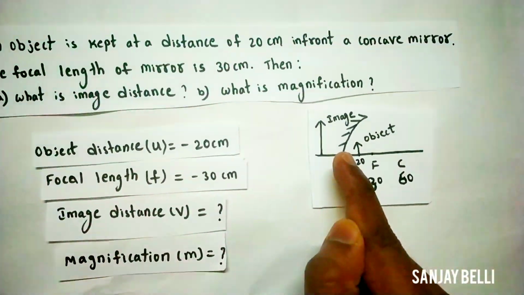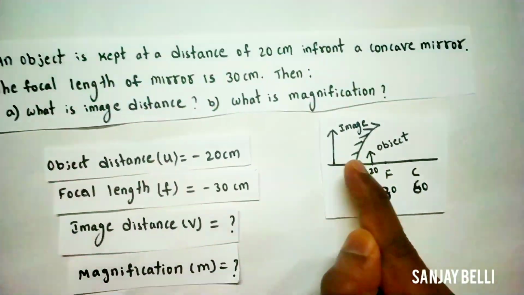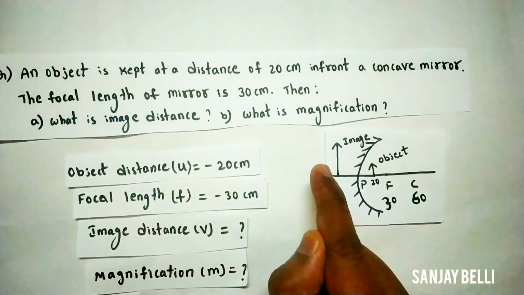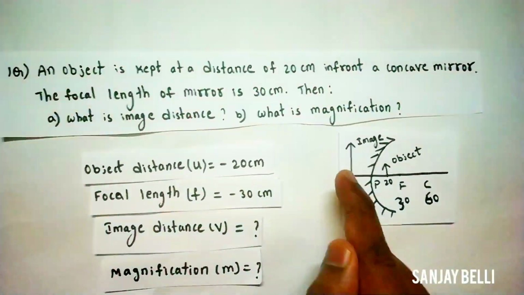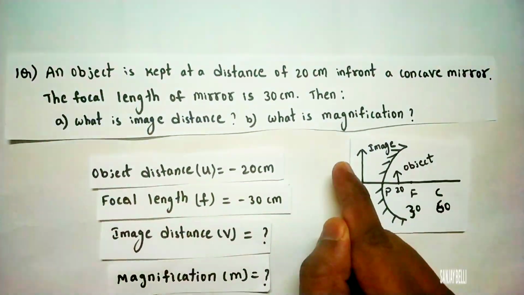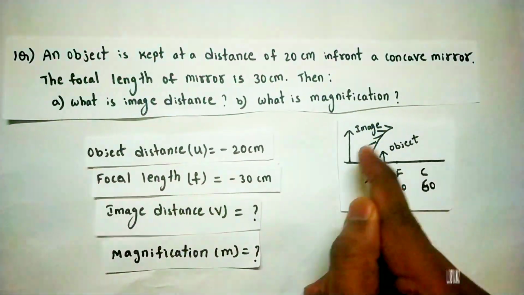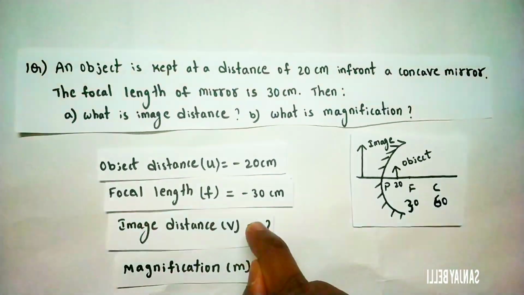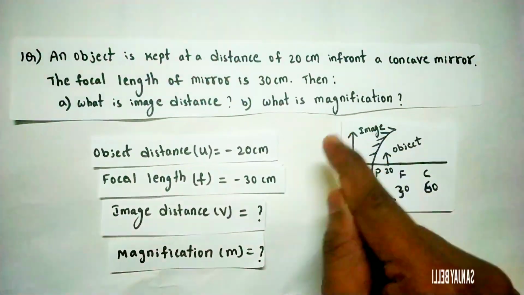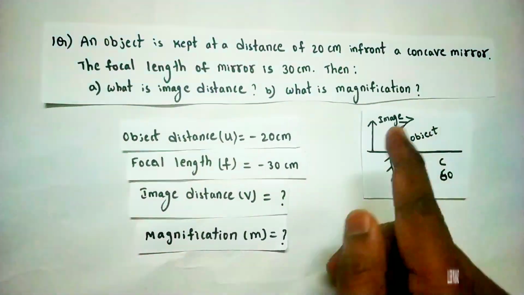So object is placed between P and F. When object is placed between P and F, an image should be obtained beyond the mirror. That means your image distance value should get a positive value, and this is a virtual erect image, and it is an enlarged image, so your magnification should get greater than 1.